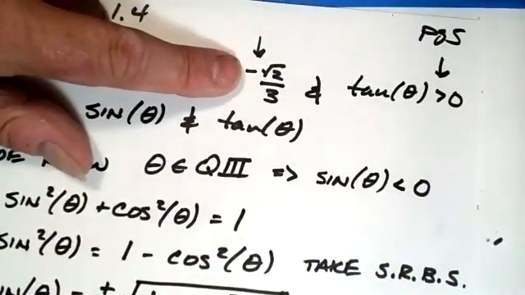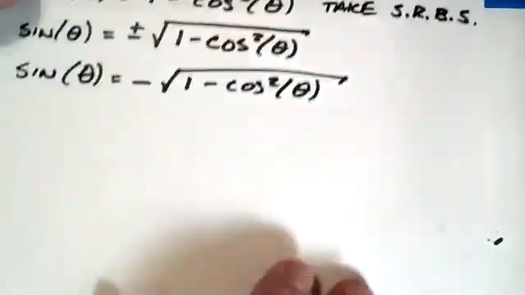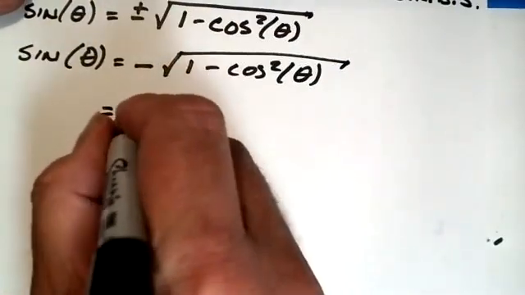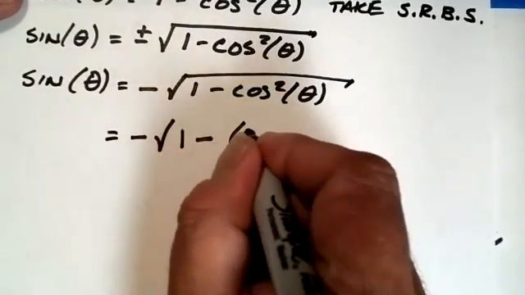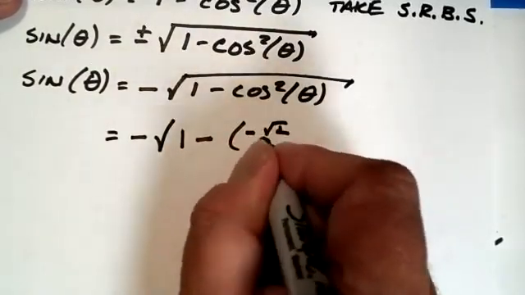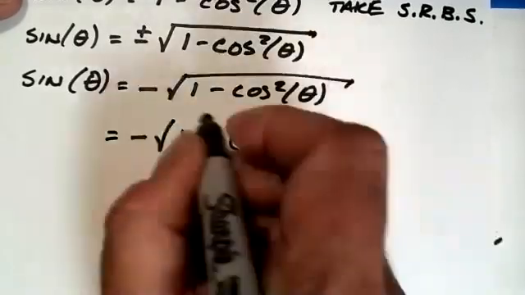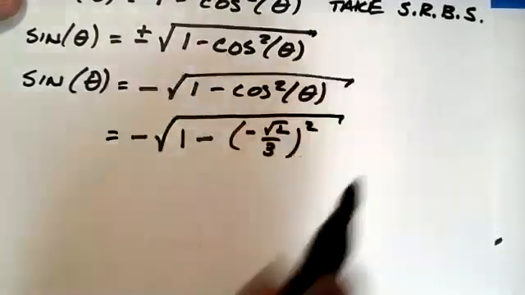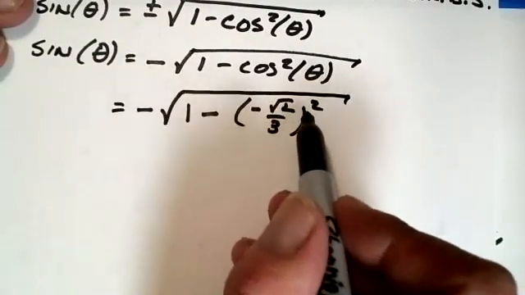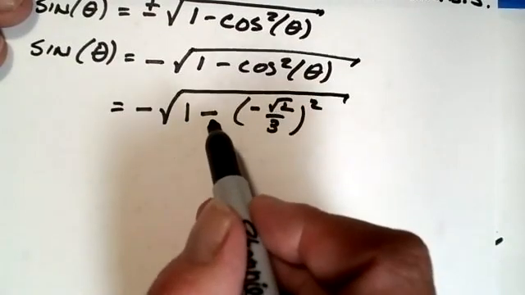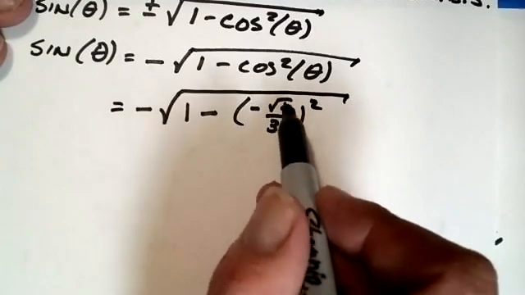Now, substituting in the value that we have for cosine of theta, this is the negative square root of 1 minus negative square root of 2 over 3 squared, right? And when you square this, that negative sign will be stripped, but there's this 2 that's sitting on here, so this becomes 4 over 9.